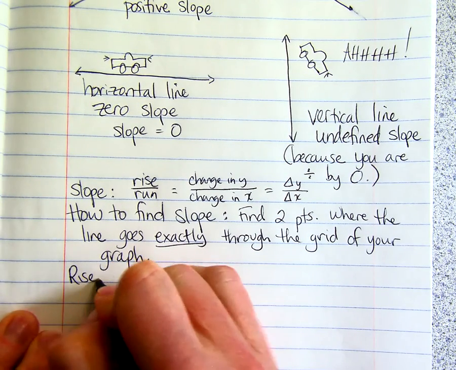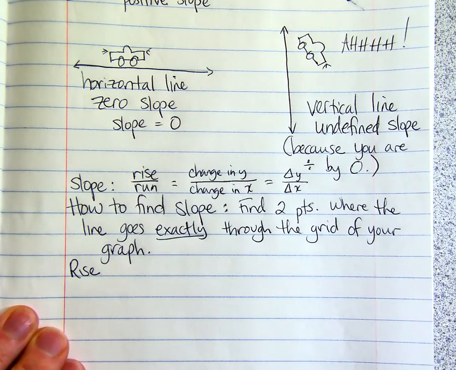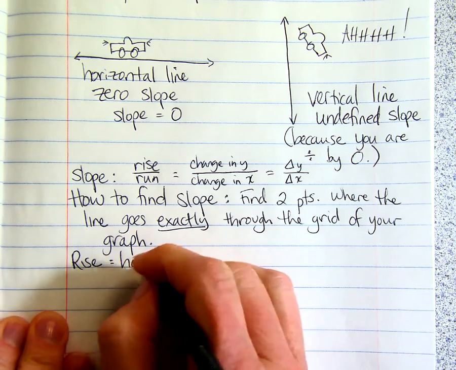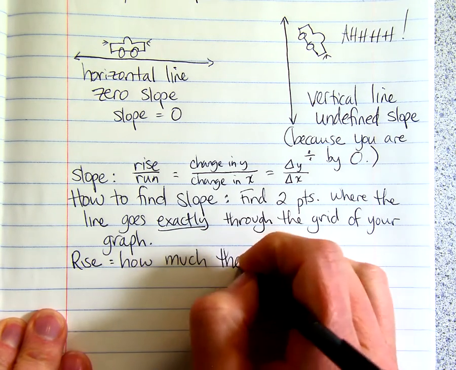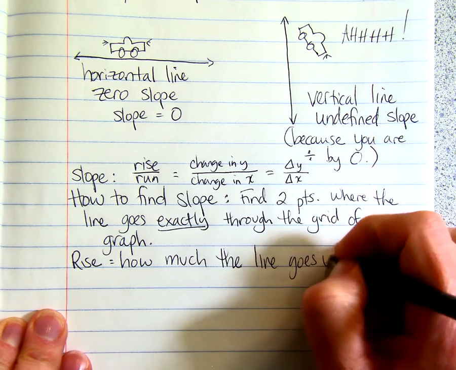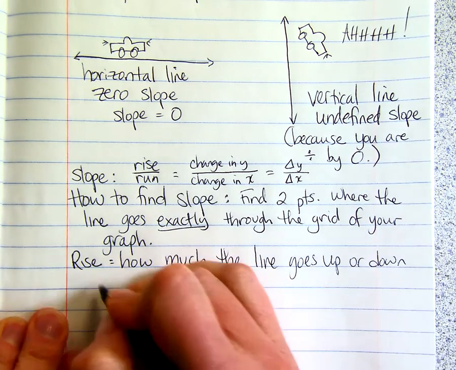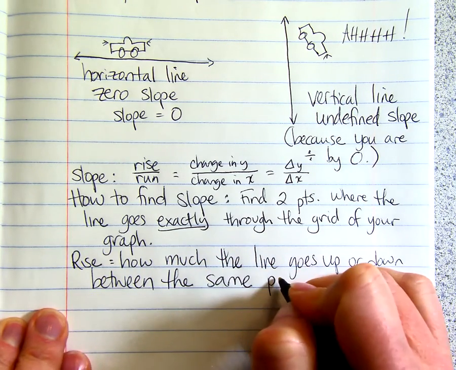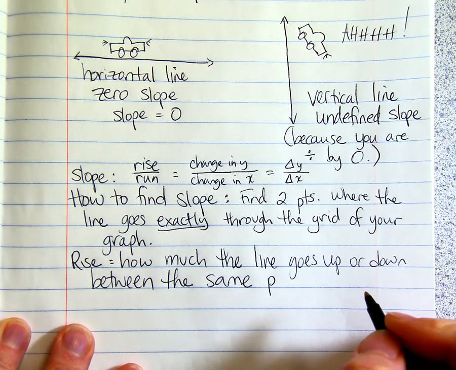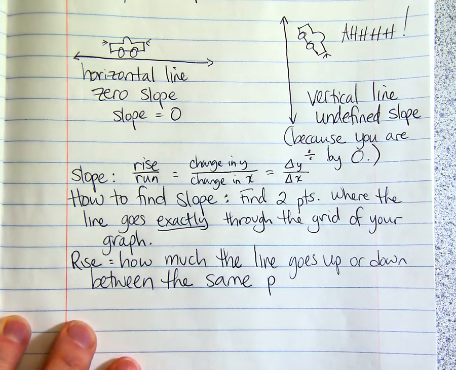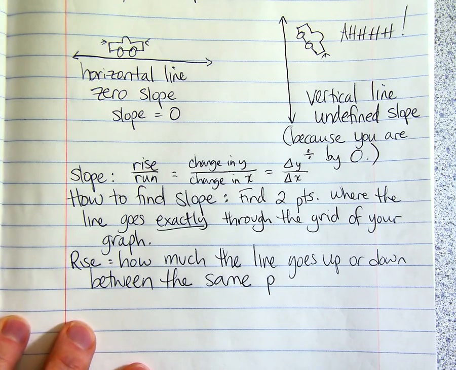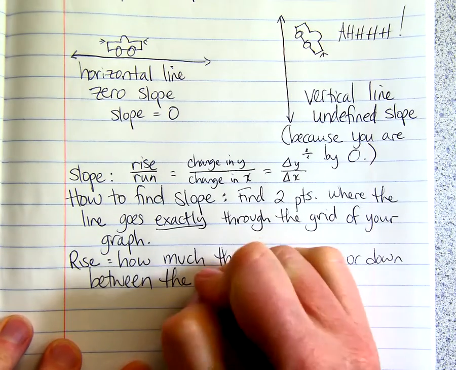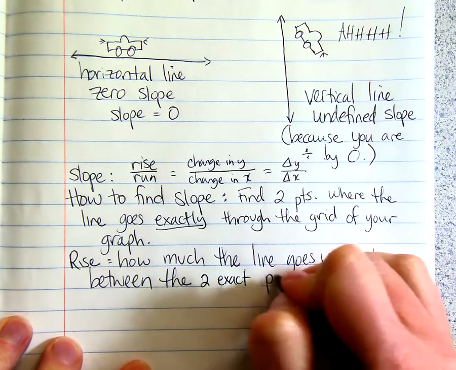The rise is how much the line goes up or down between the 2 exact points.